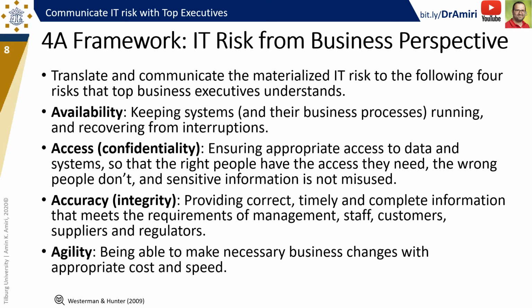To communicate this IT risk with the business, Westerman and Hunter suggested the 4A framework. They believe that any type of issue at the IT level should be translated into these four types of risk so that the business can understand and make decisions about that issue.